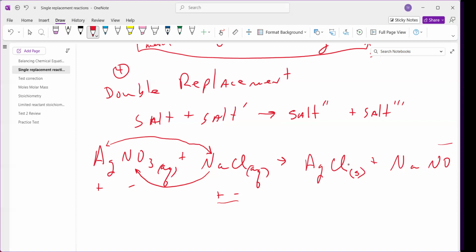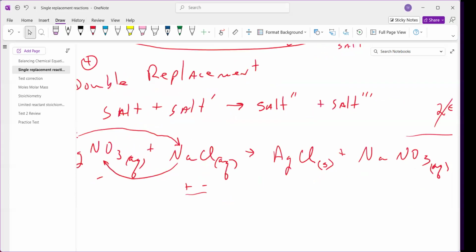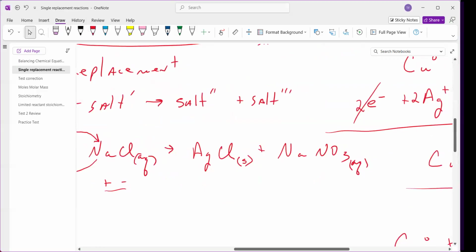Okay, so basically double replacement is we swap out either the cations or we swap out the anions. Not both, just one set or the other set. And then we have to make a determination whether solid forms with that new swap or not. And there's no way to predict that either, by the way.